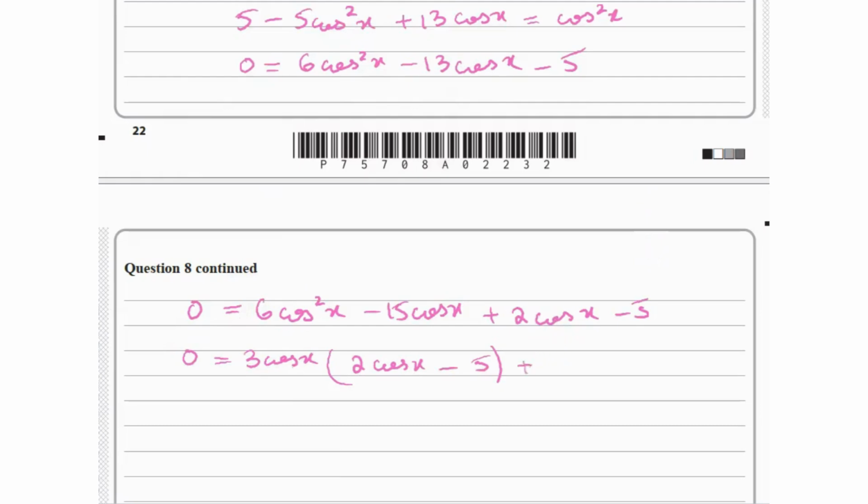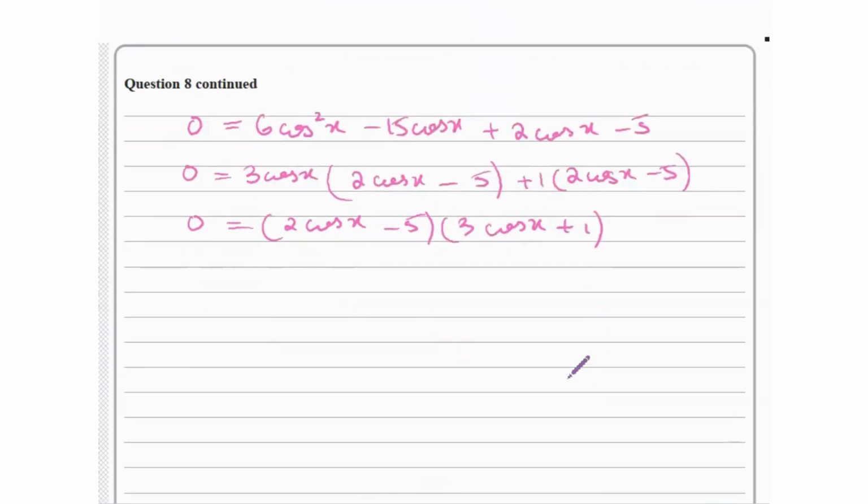The last two terms we have 1 common, so 2 cos x minus 5 in the bracket. So that's going to be (2 cos x minus 5)(3 cos x plus 1), which means cos x equals 5 over 2 and cos x equals negative 1 over 3.